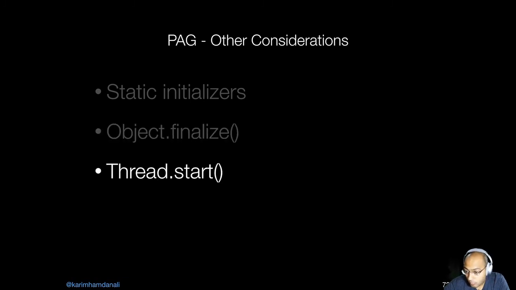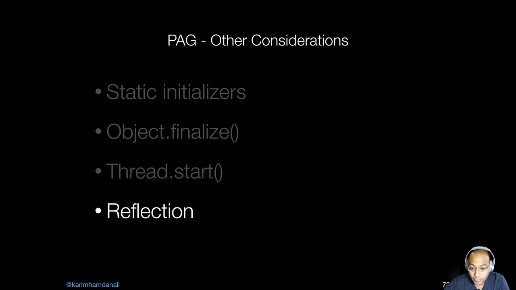Thread.start, so multi-threaded programs, you need to handle that as well properly. And reflection, of course, which is a way of dynamically accessing fields and methods by calling them, assigning values to fields, reading values from fields, accessing private class members, and so on and so forth. All these considerations, you have to make sure that you take them into account when you're creating the pointer assignment graph, because they will affect the creation of the pointers, the propagation of the pointer information from one statement to the other.